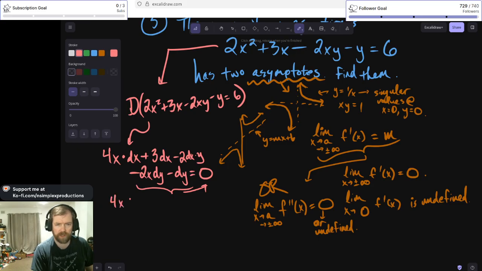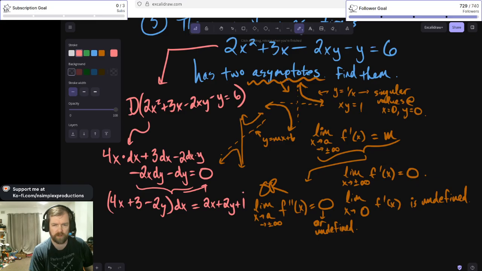So this is going to be (4x plus 3 minus 2y) dx is equal to (2x plus 2y plus 1) dy.